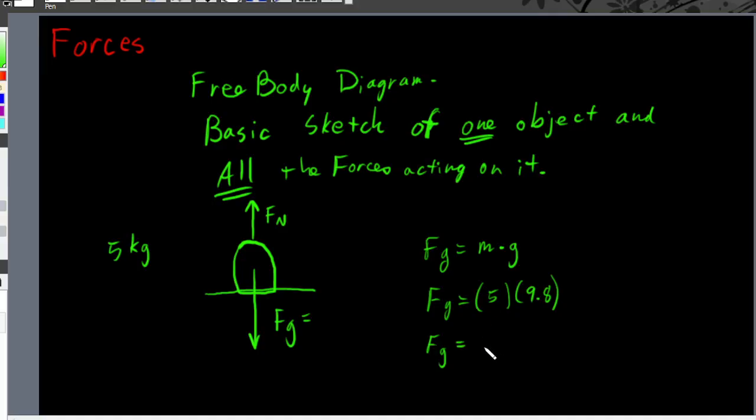I believe it's exactly 49. So 49 newtons. So the force due to gravity is 49 newtons, and it turns out that the normal force is also 49 newtons. And so here I have a diagram of the bottle of water with the force of gravity on it and the normal force on it, and that is a complete free body diagram.